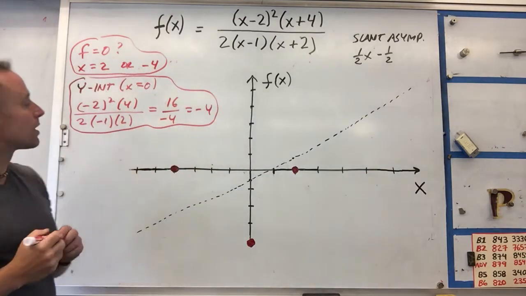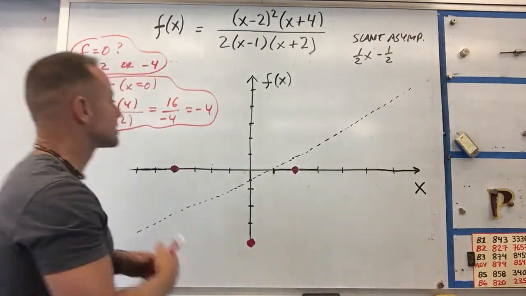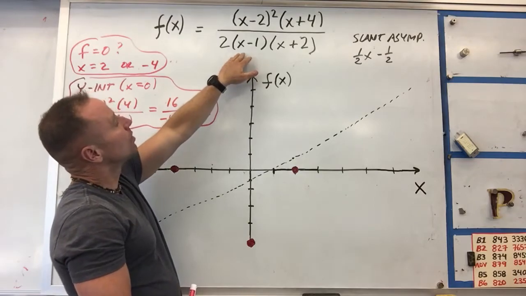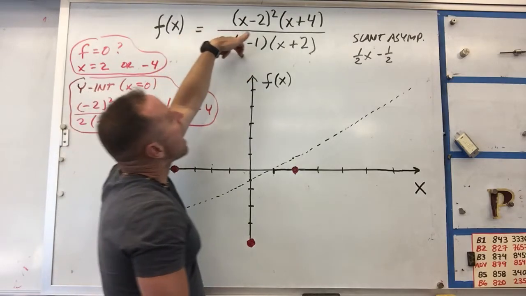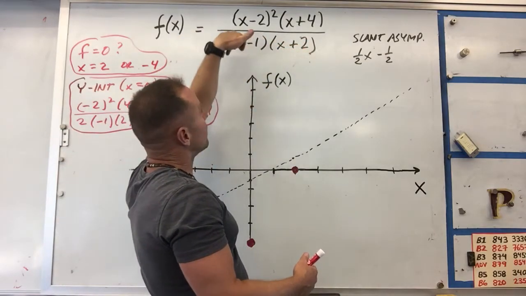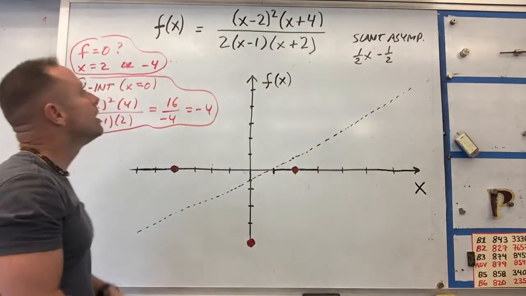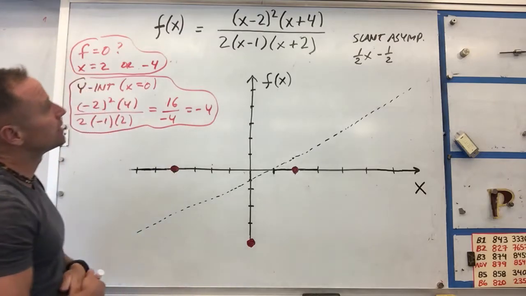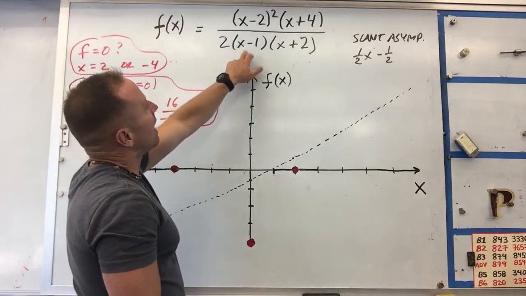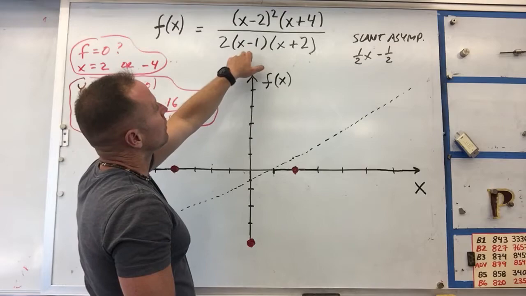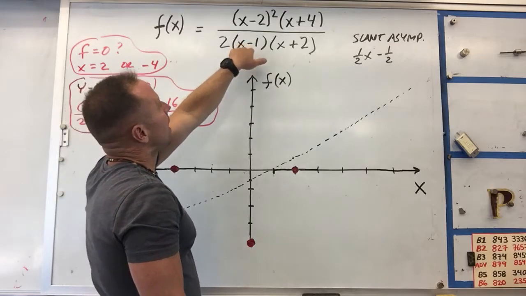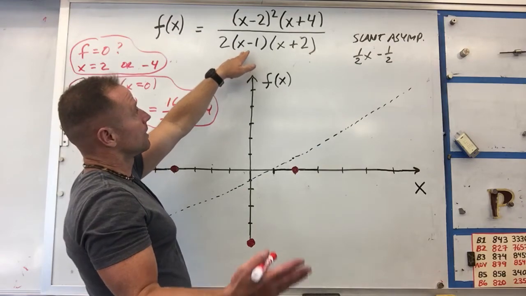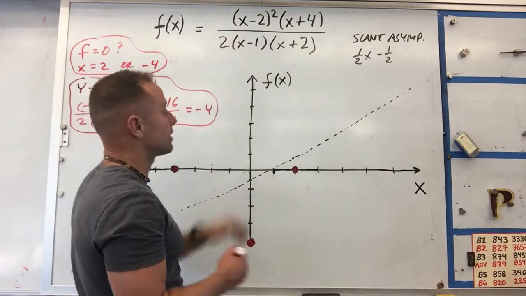Now the next thing we're going to do is find the asymptotes. These would be places where the function blows up. In other words, a term in the denominator goes to 0, then the function will explode. It'll go way up, or it'll go way down to minus infinity. The vertical asymptotes are going to be when x equals 1, because that would make a term in the denominator go to 0.